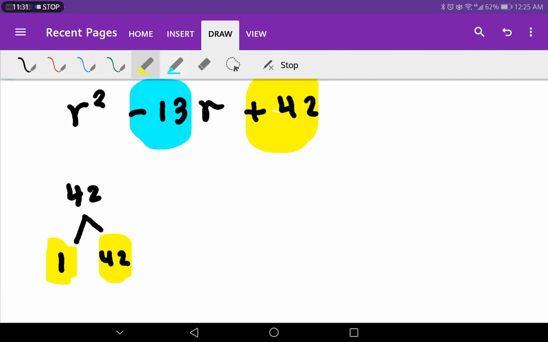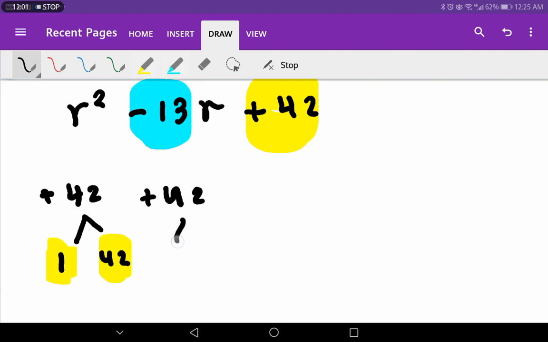Yes, you are correct. But why do you write it? Actually, to teach you, my dear students, you have to write all the possibilities that give 42. But once you recognize that one is not a solution, you can ignore it. But at this stage, please stick with me. The 42 is also positive, remember.